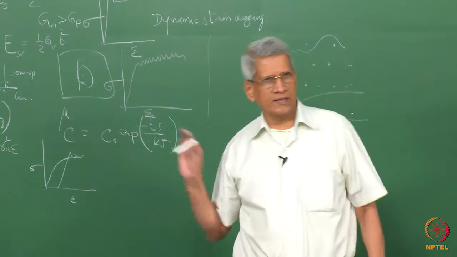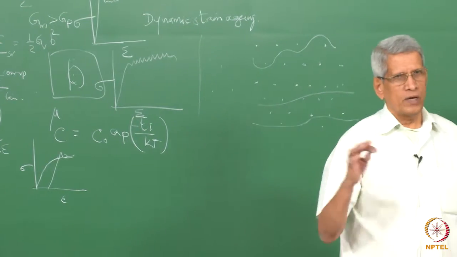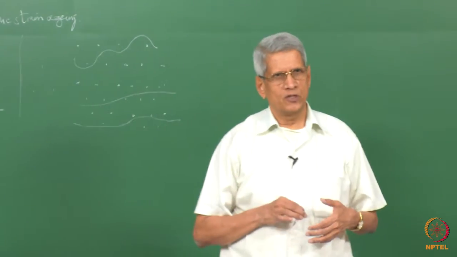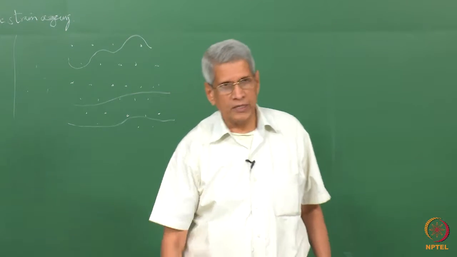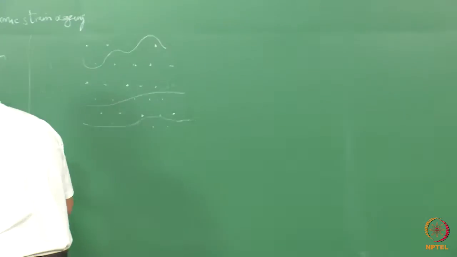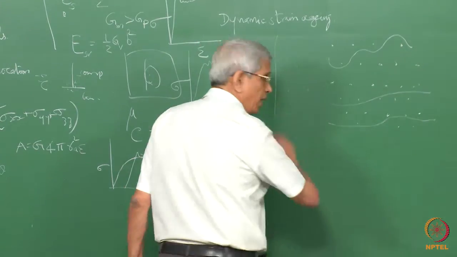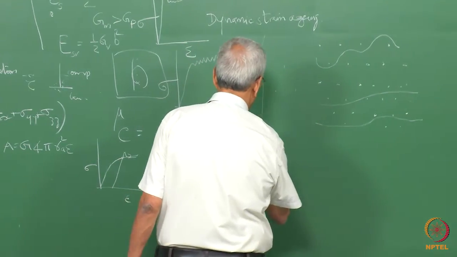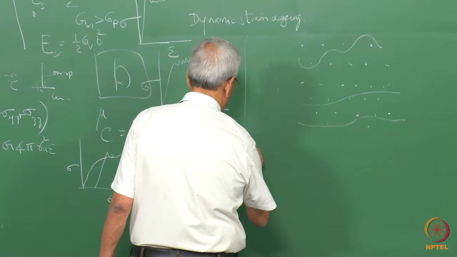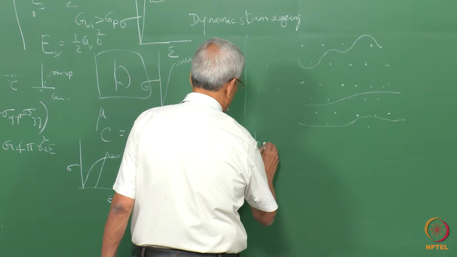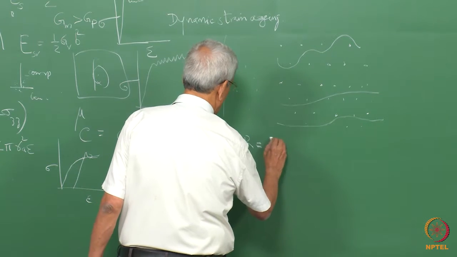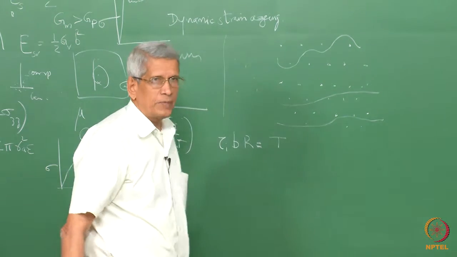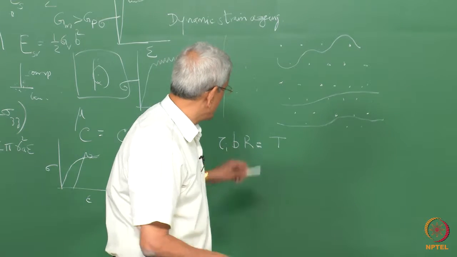When such a long range elastic interaction takes place, overall there will be a bending of the dislocation, correct? When a dislocation bends, what is the radius to which it is bent? Here b is the Burgers vector, and this force should be equal to T, the line tension of the dislocation.